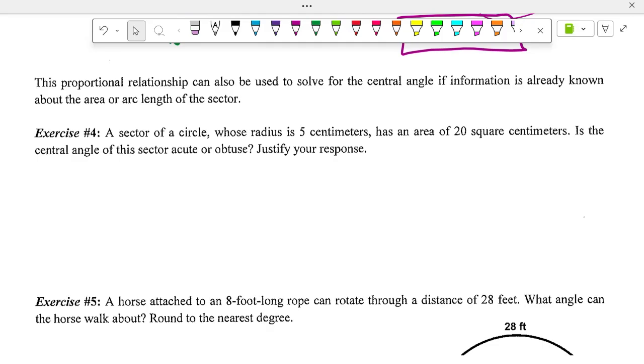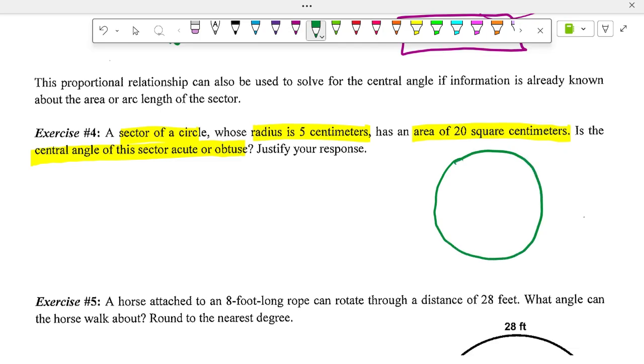So a sector of a circle whose radius is 5 centimeters has an area of 20 square centimeters. Is the central angle of the sector acute or obtuse? So this one's a little bit different. It's talking about the angle. So we've got some circle and we've got some sector, and I did not draw it to scale because I don't know whether it's big or small.